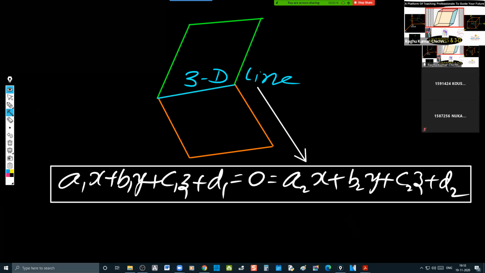This green plane, let me say, is the first one, and this chocolate-colored plane is the second one. Two plane equations are there, we accept it, no doubt. But these are intersecting in a line here, which is said to be a 3D line. So a 3D line is denoted by these two equations.